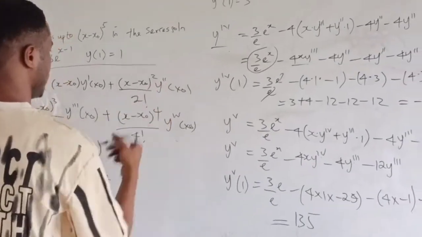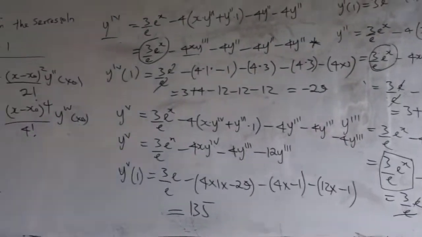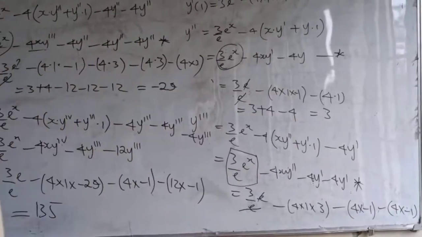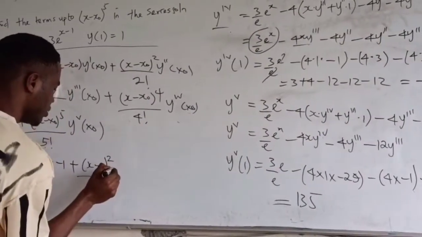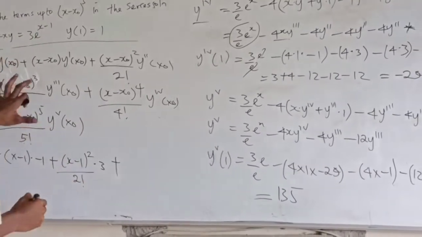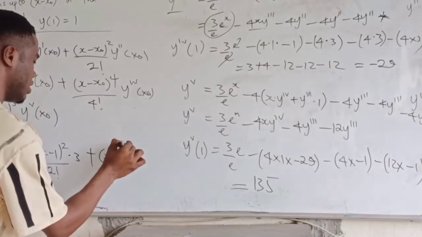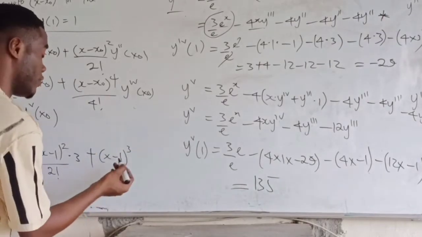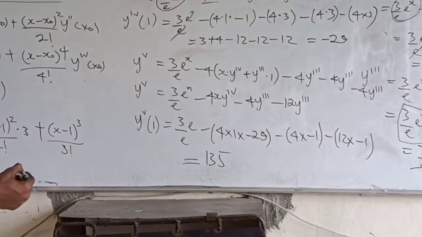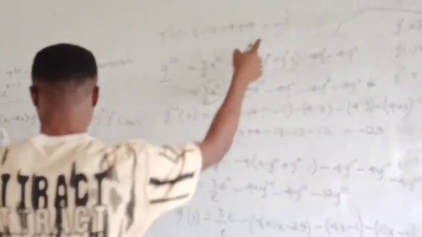What's our y to the second differential? Our y to the second differential is gotten as 3. So we have 3, plus our y to the third differential, of course, is (x minus 1) to the power of 3 divided by 3 factorial of y to the third differential, which is negative 1.